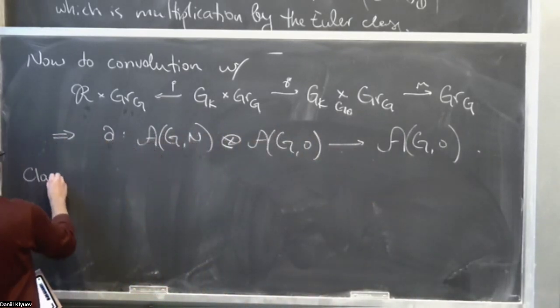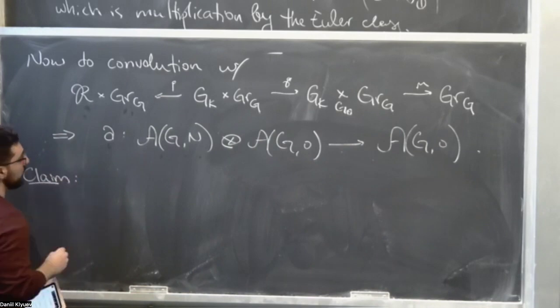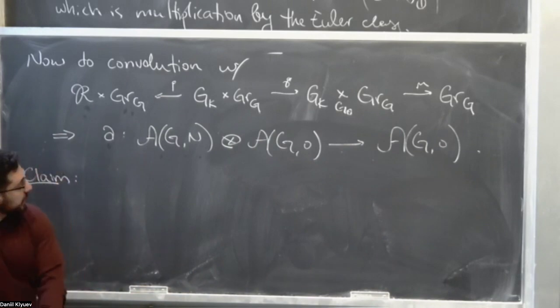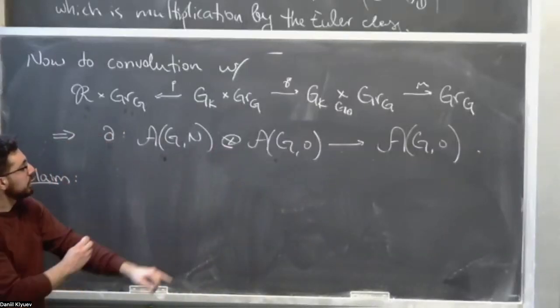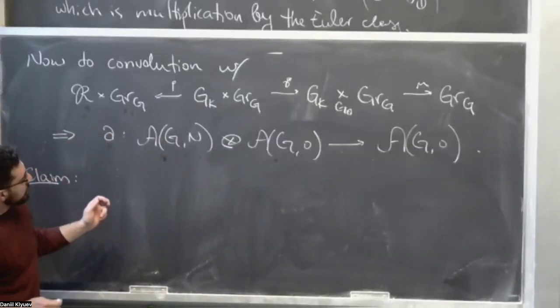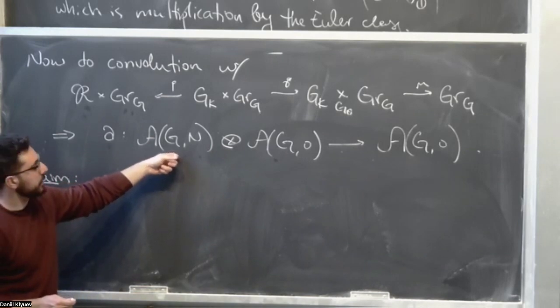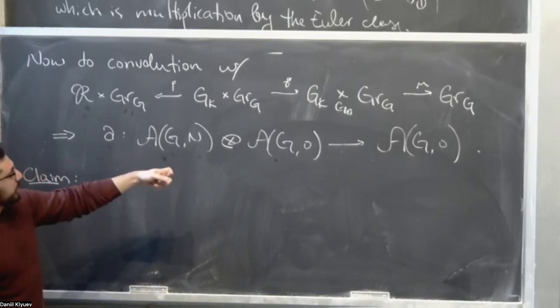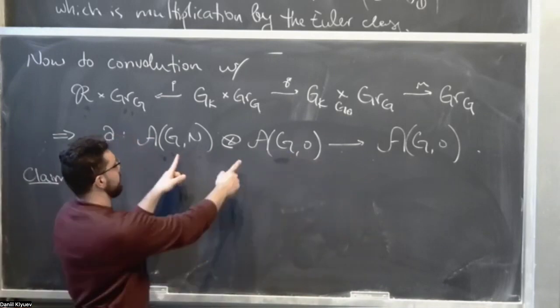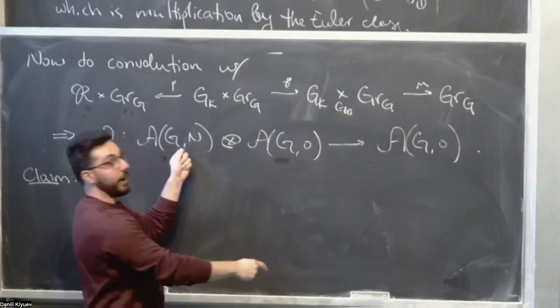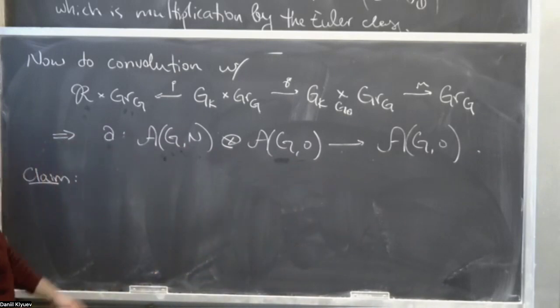So what you want to say is that this makes AG0 into an AGN module. If you had already proven that all of these are associative, then that's literally the statement. But one other thing you can do is prove that this product is associative and this action is associative, and that implies that this one is associative by the injectivity statement.